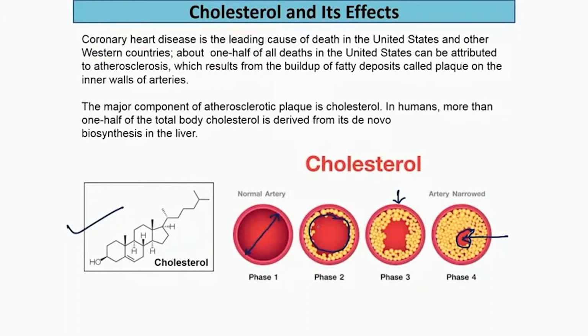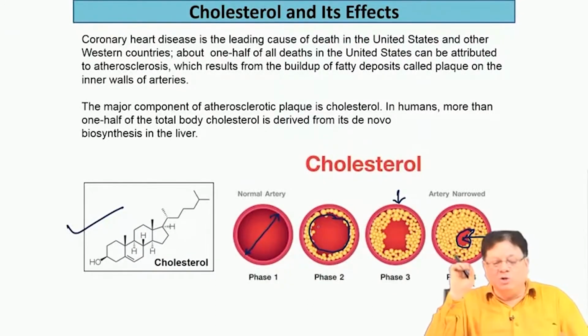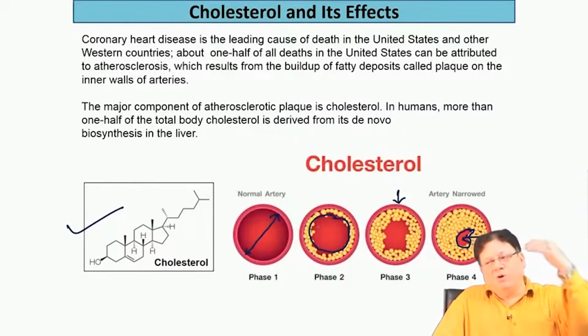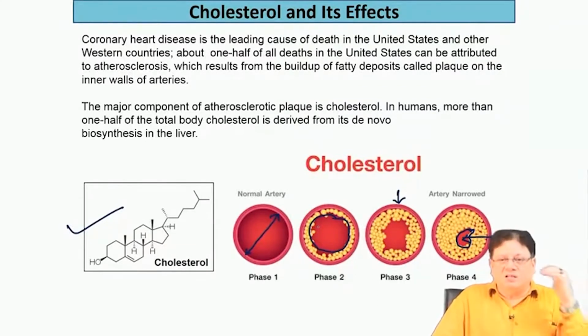So, one way is to say that I will devise a molecule which will dissolve the cholesterol from the artery, but that is very difficult, because one which is already forming a crust inside the blood vessel is very difficult to take out.